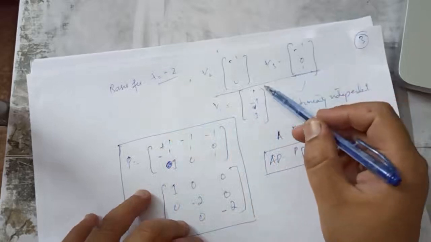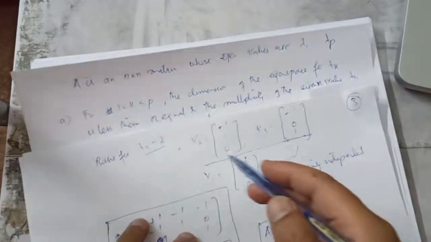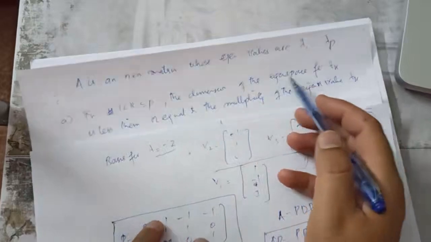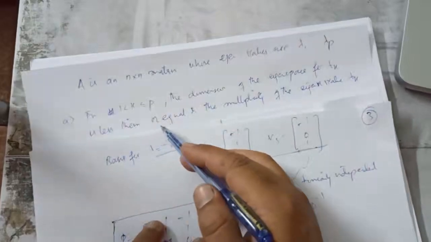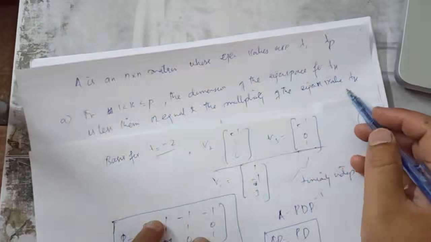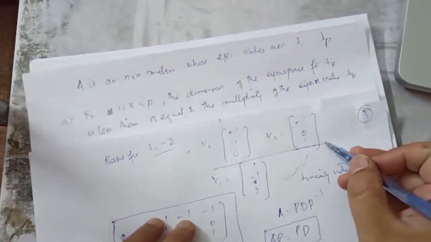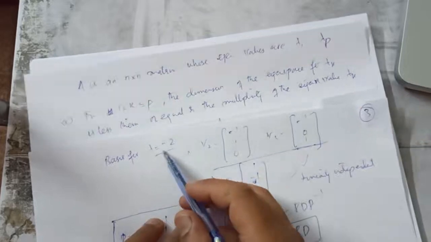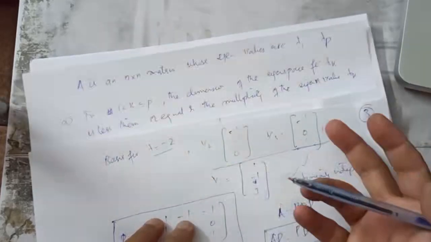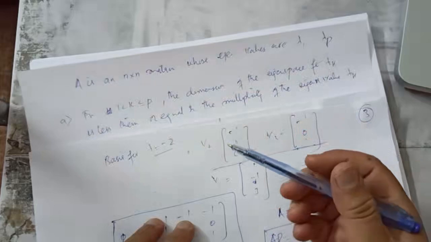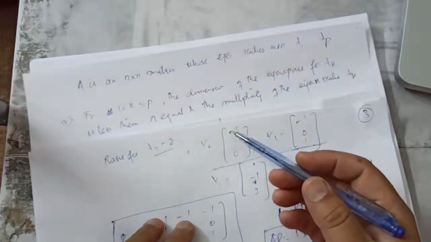So this statement puts a condition: the dimension of the eigenspace for lambda k is less than or equal to the multiplicity of the eigenvalue lambda k. It means the maximum number of vectors you can have corresponding to the multiplicity here of minus 2 is 2.